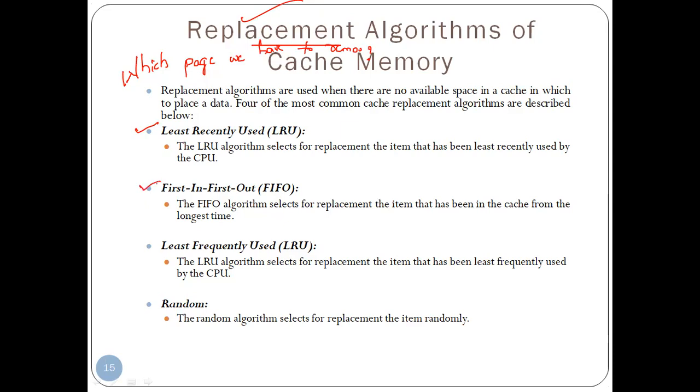Or else first in, first out: the page which entered the memory first, that page you can remove. Least frequently used means the instruction with the least priority, we remove that. Or else we can remove any one random page. So these are the 4 different techniques to remove a page from the memory and give space for the new page.